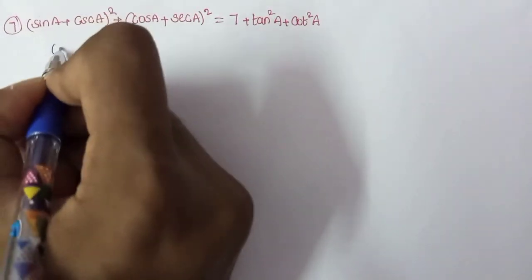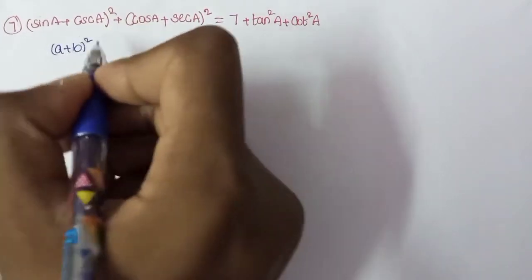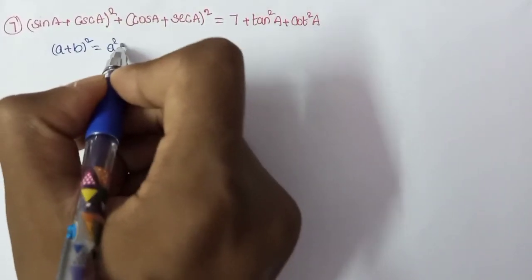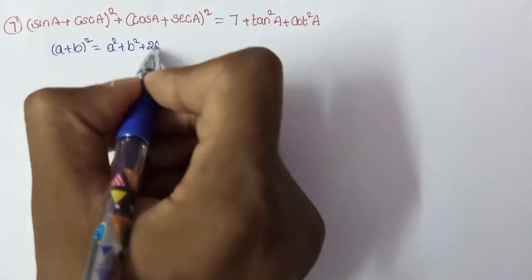What is the formula of (a plus b) whole square? We know very well, that is a square plus b square plus 2ab.